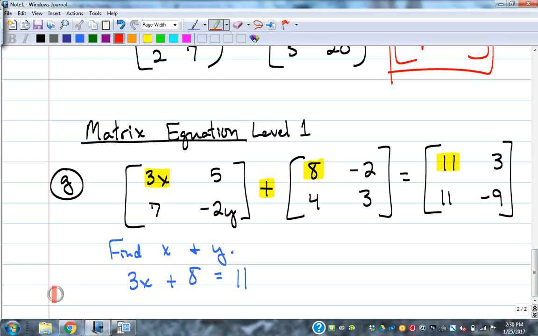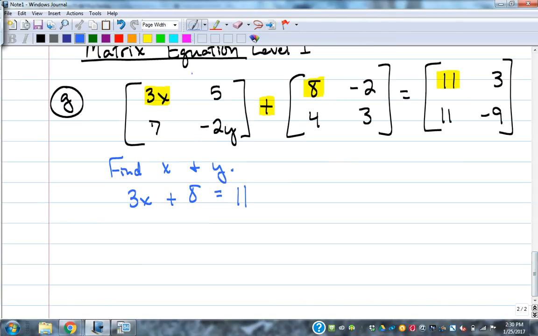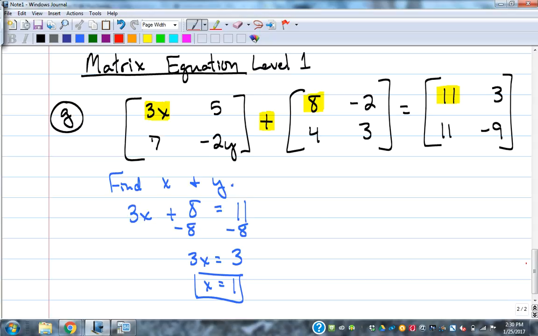How do we solve that for x? Yeah, subtract 8 from both sides, divide by 3. 3x equals 3, so x is 1. Let's find y. What's the equation that goes with y? Good job. 2y plus 3 equals negative 9.